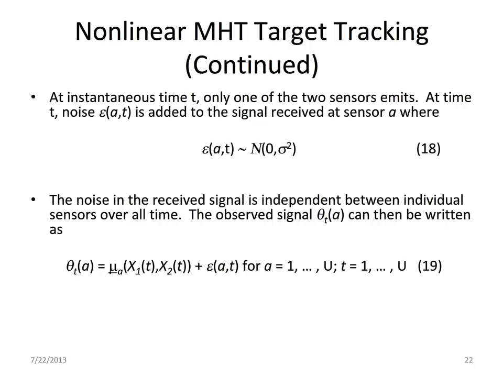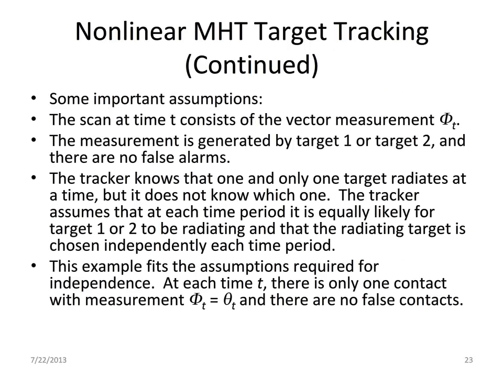At time t, we can add a noise for each sensor to the signal received at the sensor at that time, and that's normally distributed with a mean of 0 and variance sigma squared. That's typically called white noise. The noise in the received signal is independent between individual sensors over all time.